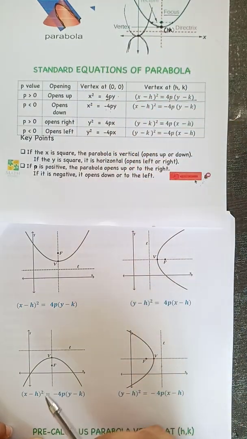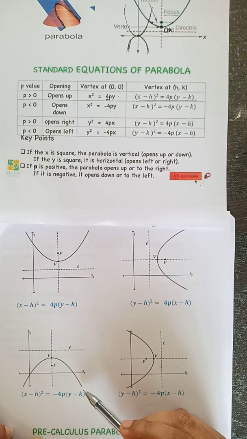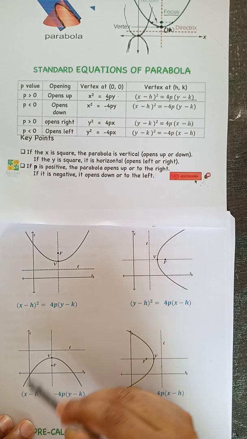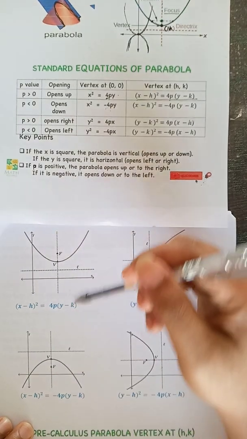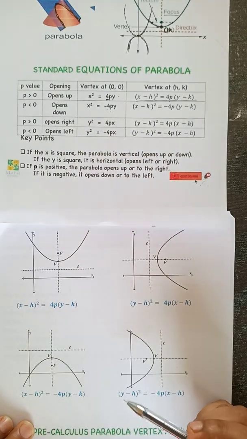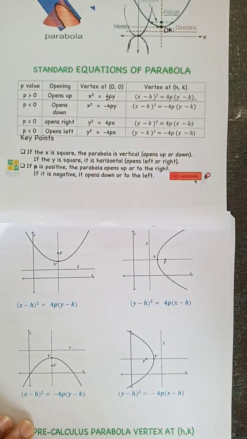If p is less than 0, the opening of the parabola goes downward. Okay? So naa pod tay going to the left and going to the right.